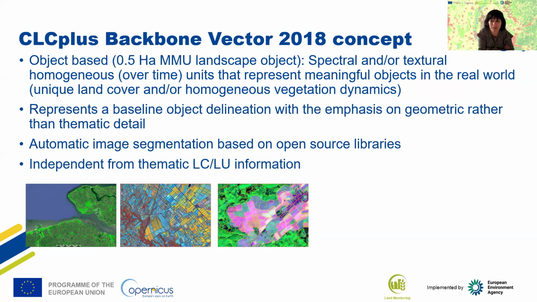They have to be unique in comparison to their surroundings. So the emphasis is given to the geometric definition of these isolated landscape objects, which are produced mostly based on Sentinel-2 imagery segmentation. The thematic content is brought afterwards into the polygons, but coming from the raster product that has been presented by Fabian.